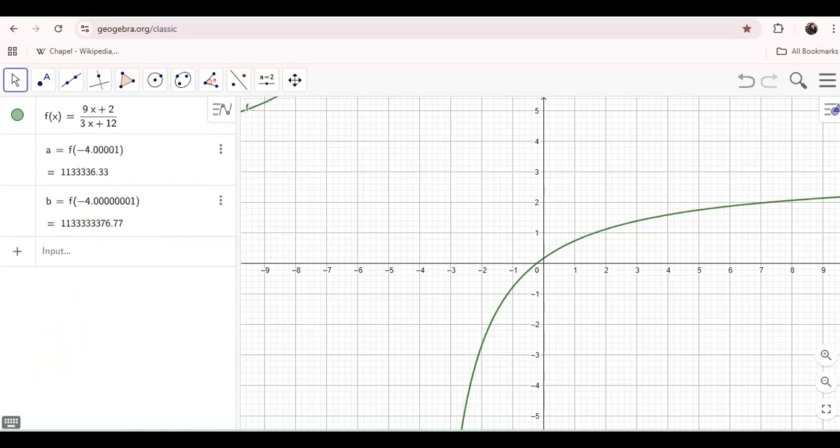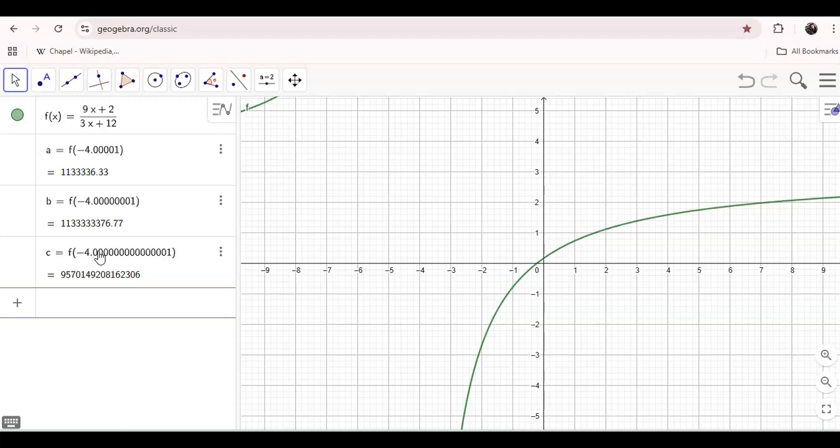Okay, so right, with -4.0001, this one, we have a very big number already here. And then let's have another value of x that is very, very close to -4. So the value of y is extremely big already.